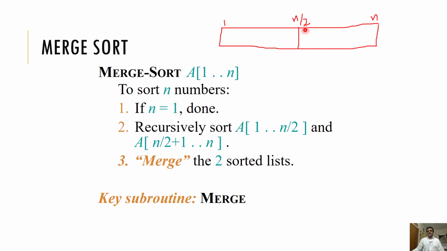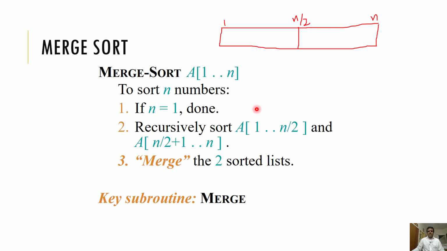Once in the first level we divide this, then we call merge sort on this, and again it will divide into sub-subarrays. Again it will divide into half on this subarray, n by 4, n by 4. Again this will be divided into n by 4, n by 4.